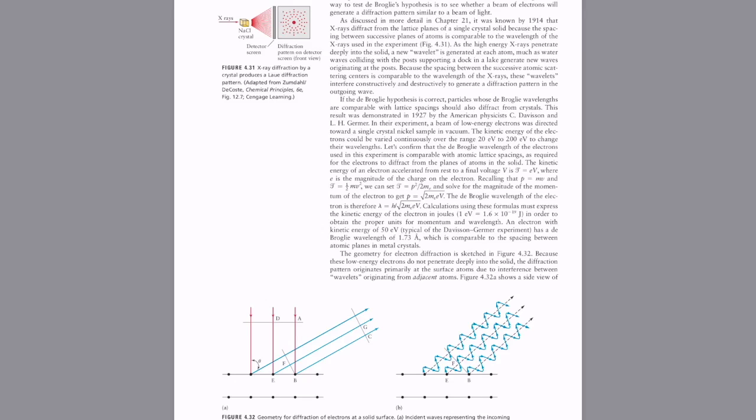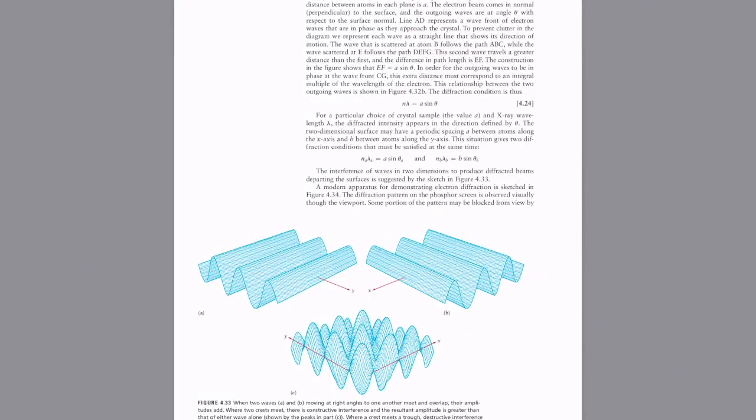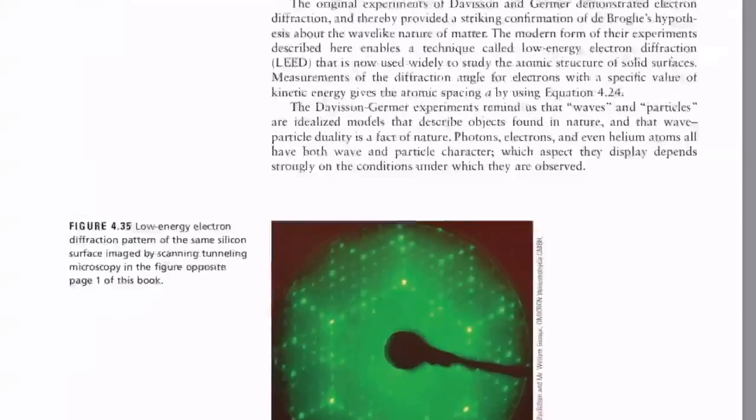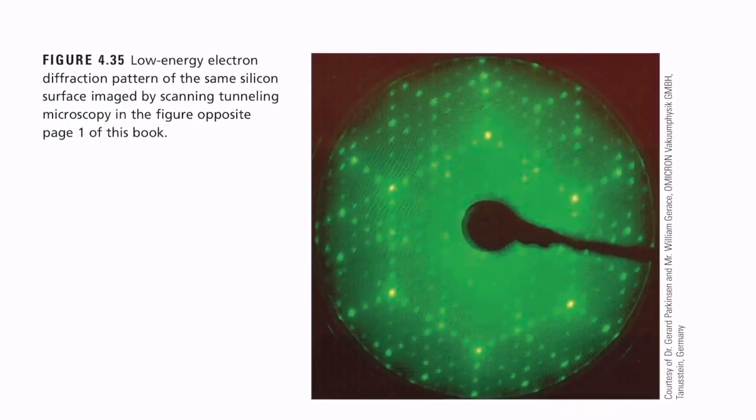At the points where they constructively interfere, you see bright spots, and everywhere else you see darkness. And finally we get to the experiment, and we shoot electrons, and what we obtain is these bright spots, and the arrangement tells you about the pattern of the atoms. You will see here some kind of a hexagon, and that's probably because the crystal has a hexagonal type of atomic arrangement, and this is silicon.